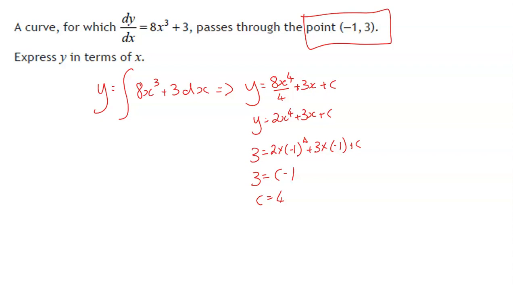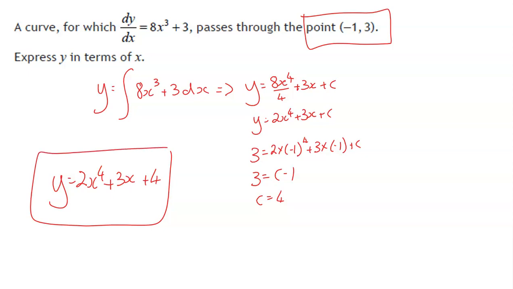But now I have to express it in terms of x explicitly. So what I then have to do is write that y equals 2x to the power of 4 plus 3x plus 4. What I've now done is I have it written solely in terms of x. There's no plus c in there anymore because I now have the 4.